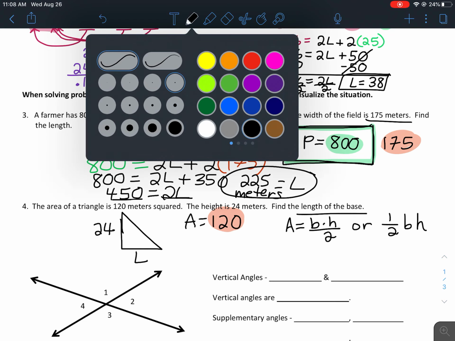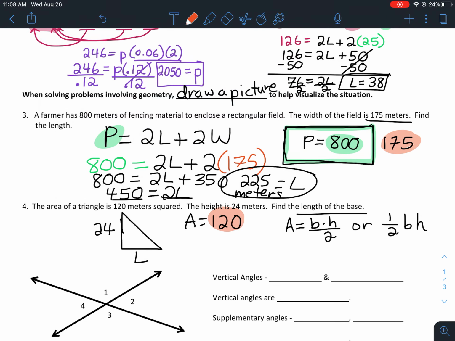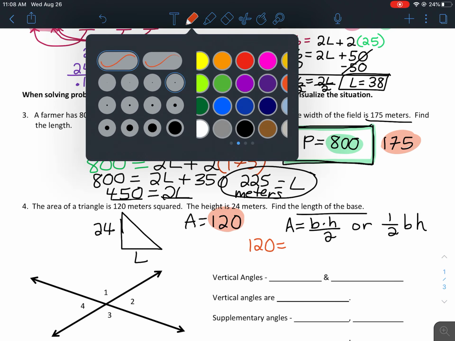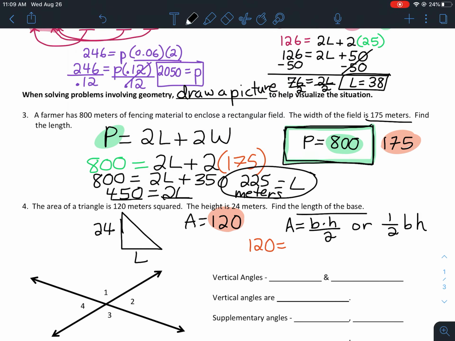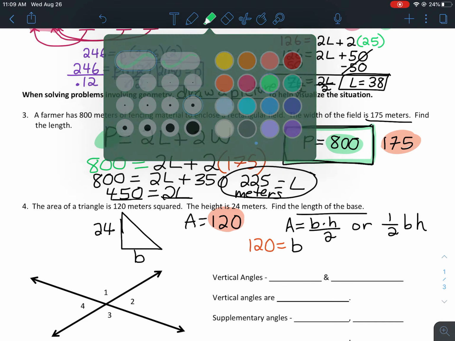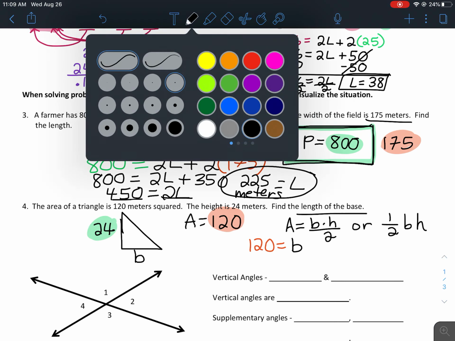So if the area is 120, I'm going to substitute that in for A. So I have 120 equals base. I don't know what that is because that's my length. You could leave it as B or call it L, whatever you want to do. Should probably just call it B. And times the height. Well, I am given the height. The height was 24.